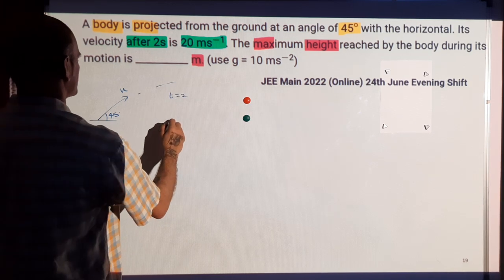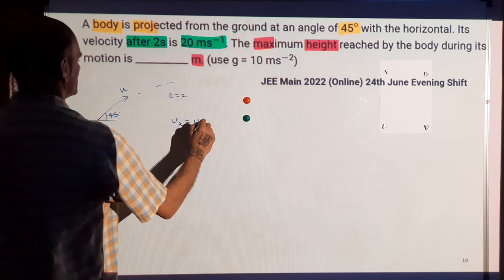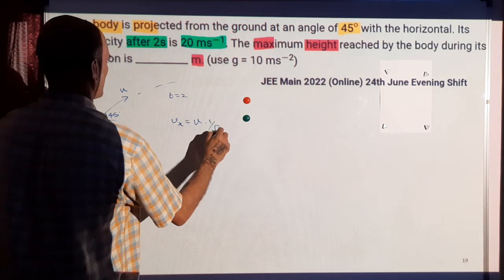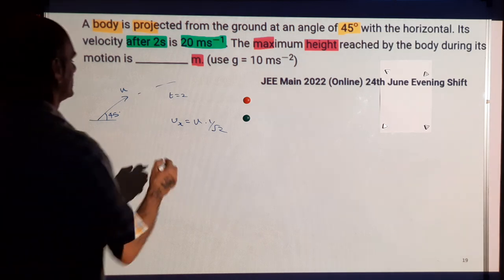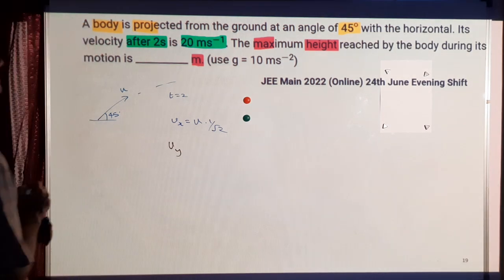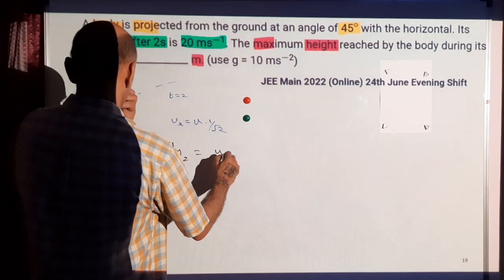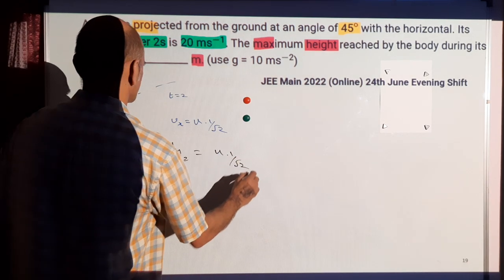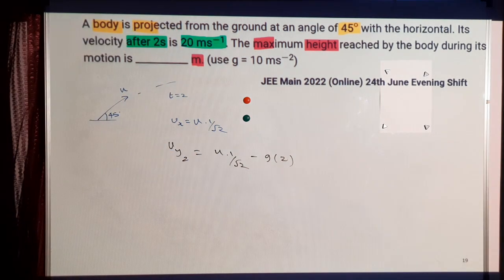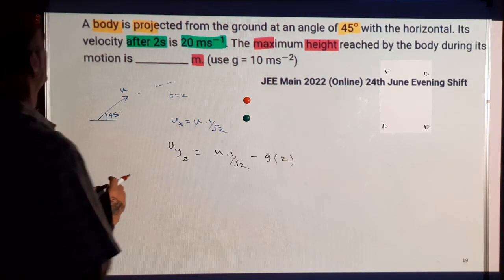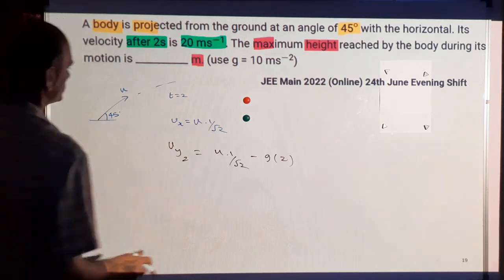the x component of the velocity, vx, will be the same as u cos 45. But the vertical component of the velocity, vy after 2 seconds, is the initial velocity uy, which is u sine 45, minus g into 2. So the velocity after 2 seconds is the sum of these two.